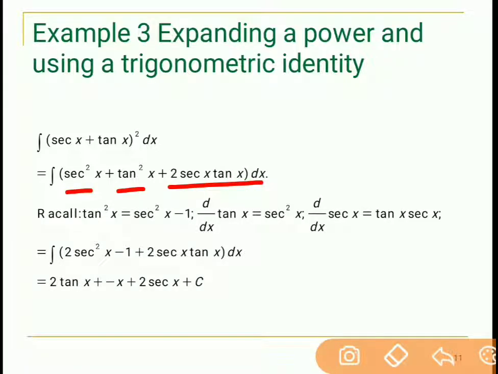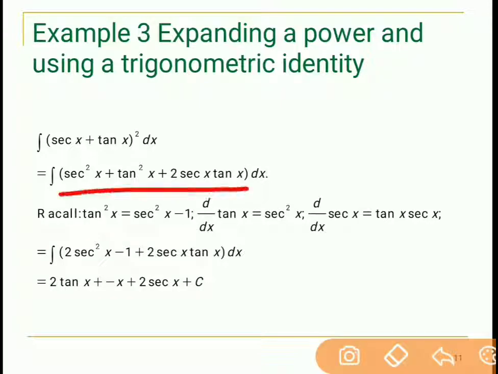Now recall that 10 square x is equal to what? Sec square x minus 1. This is a trigonometric identity. So following this trigonometric identity, we can say that now the differentiation of 10x is equal to sec square x, and differentiation of sec x is equal to what? Sec x into 10x.